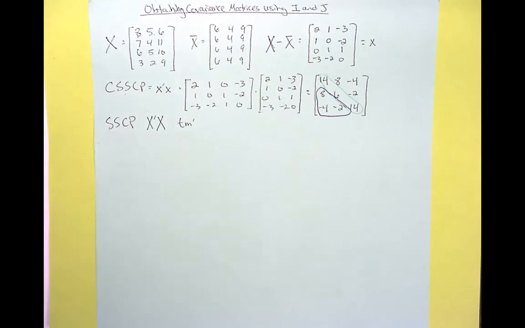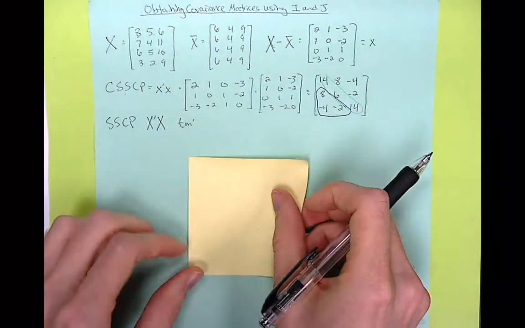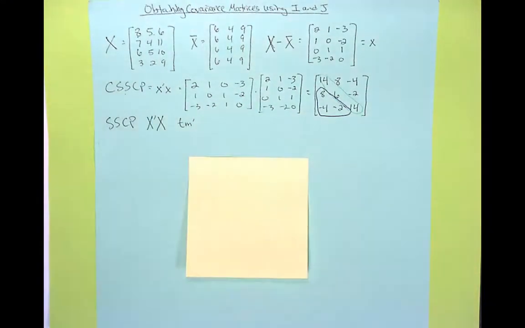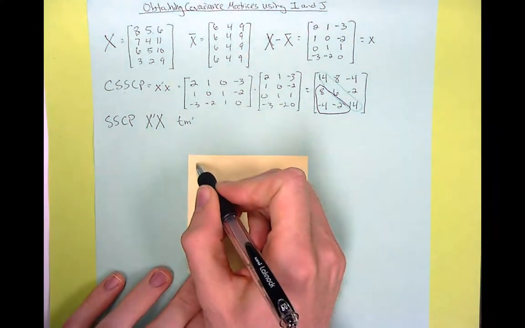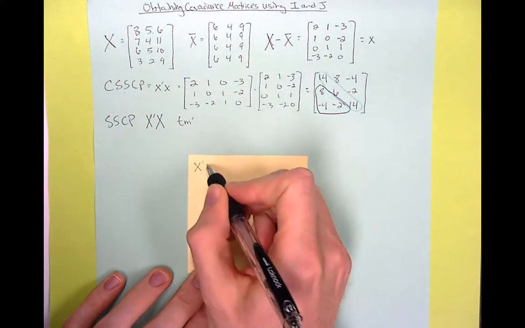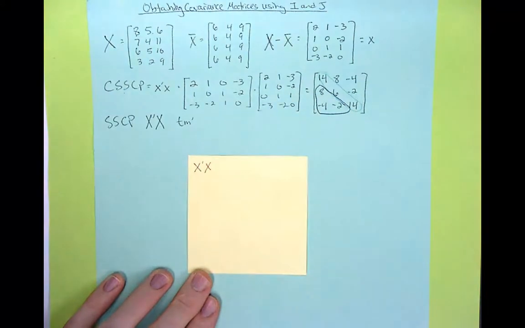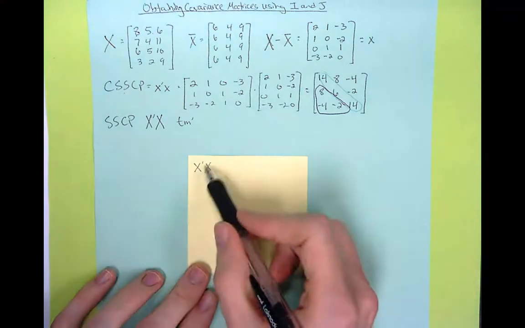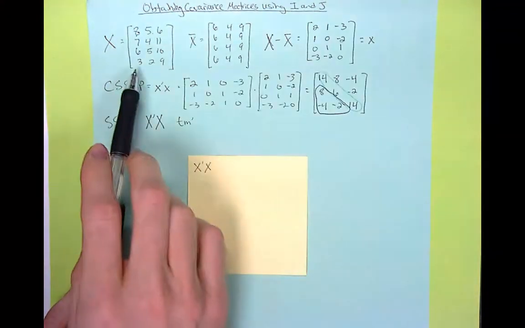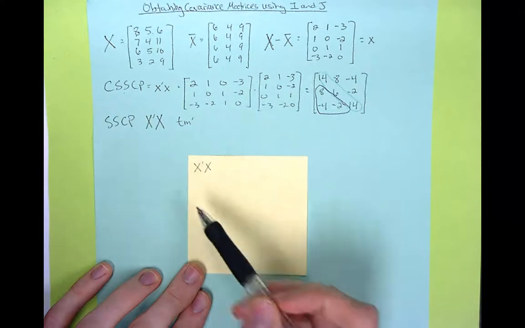But I'm going to do this on this post-it here. So this X transpose X is sums of squares raw because it's a raw data matrix. This X, remember, is the raw data matrix multiplied by its transpose.